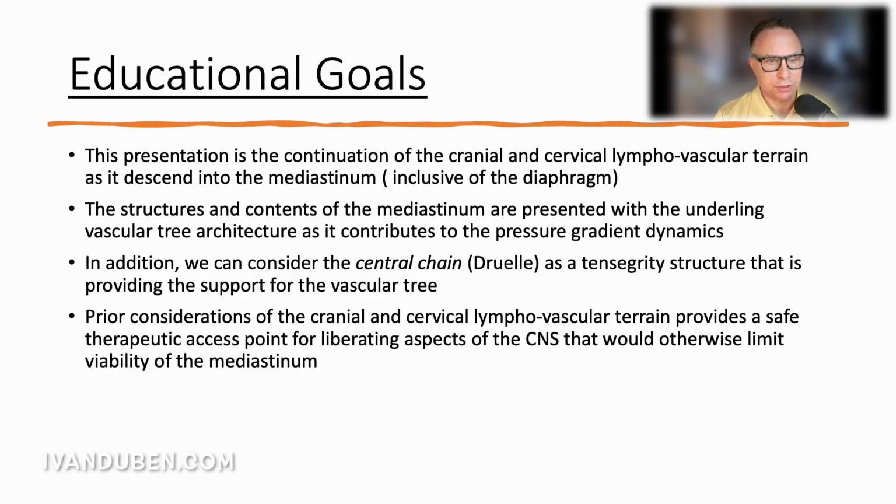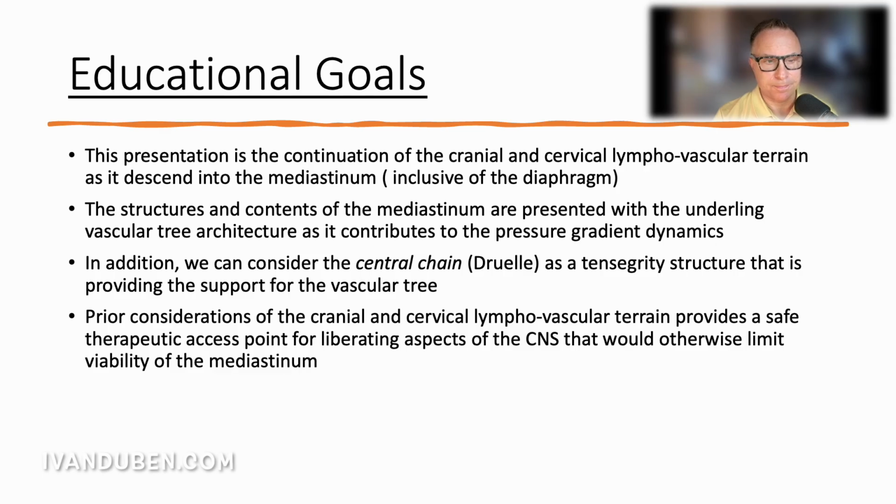Prior considerations of the cranial and cervical lymphovascular terrain provide a safe therapeutic access point for liberating aspects of the central nervous system that would otherwise limit viability of the mediastinum.